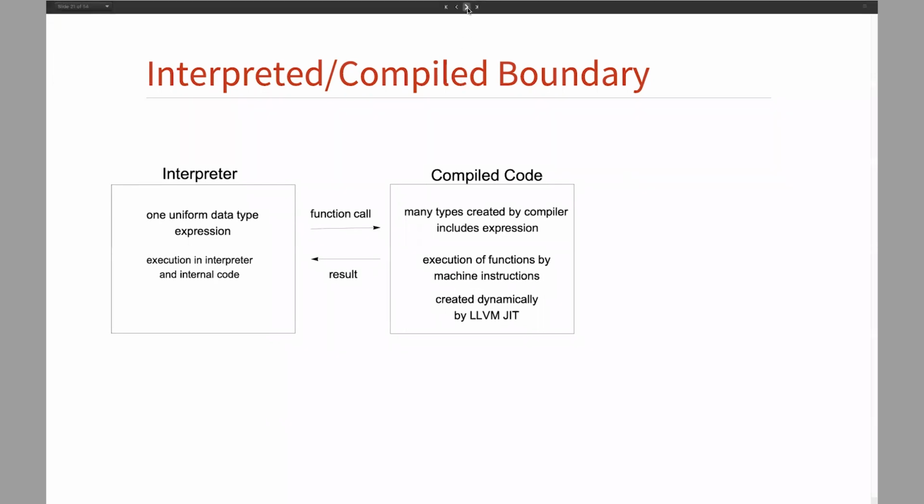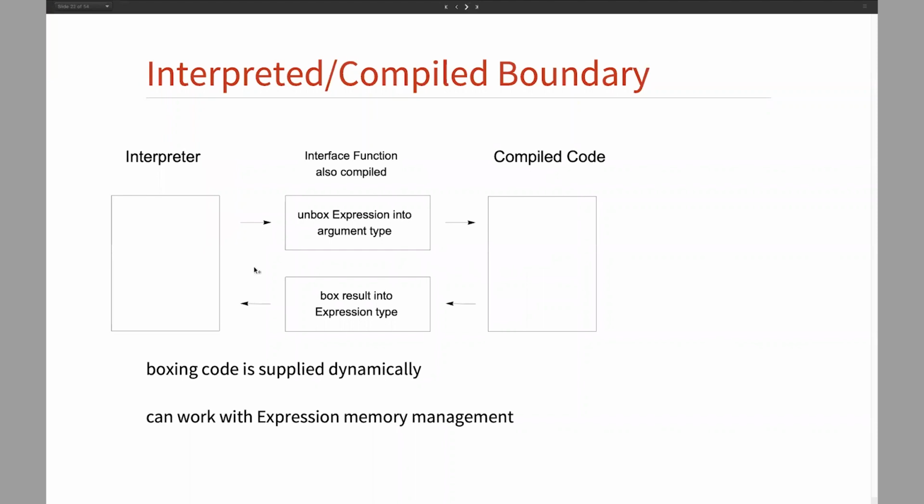What's interesting is that between the interpreter and the compiled code, there's a layer, an interface function. What this does is convert the mathematical expression into the actual type that's there. So when I marked up my function as taking a 64-bit integer, it converts the expression into a 64-bit integer, or it fails.